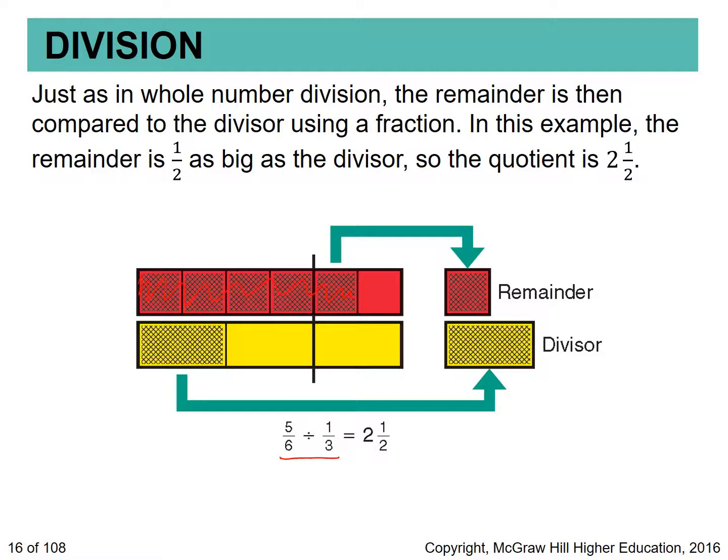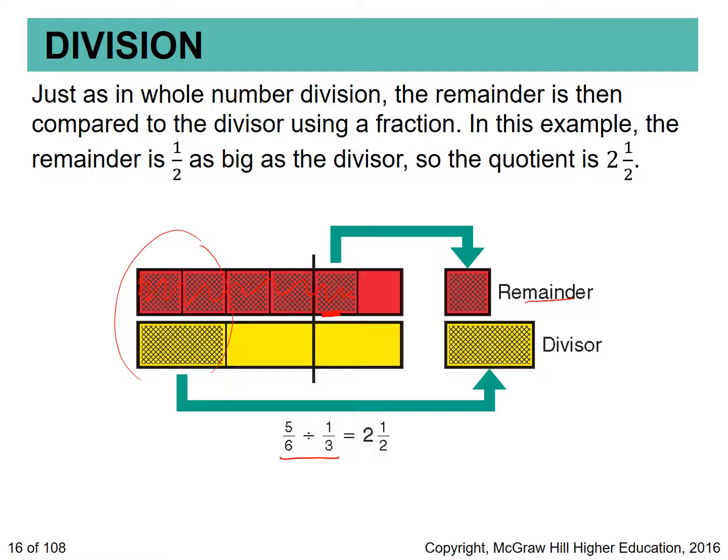So 5 out of the 6 are shaded. And what I want to see is how many times can I take out 1/3 out of here. Well, I can pull out 1/3 here, and then it would be another 1/3 here. But then I have this, which is my remainder.